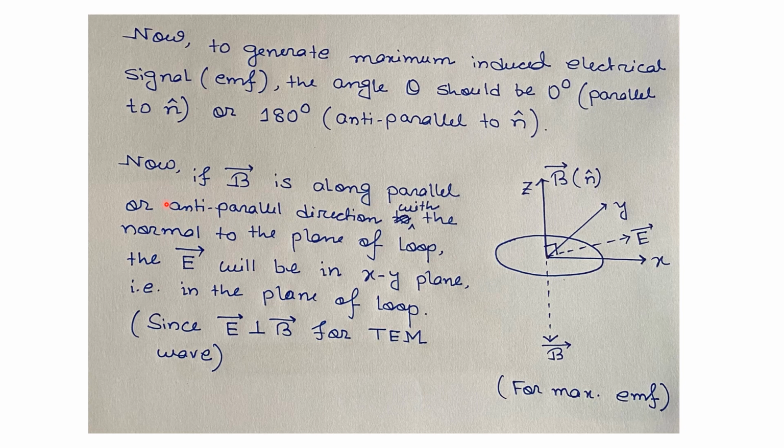Now if the magnetic field vector B is along the parallel or anti-parallel direction with the normal to the plane of the loop, the electric field vector of the EM wave will be in the xy plane, that is in the plane of the loop, since the electric field vector and magnetic field vector are mutually perpendicular for a TEM wave, that is transverse electromagnetic wave.